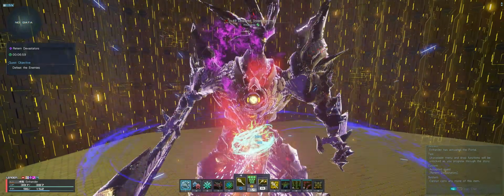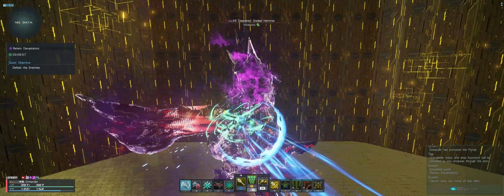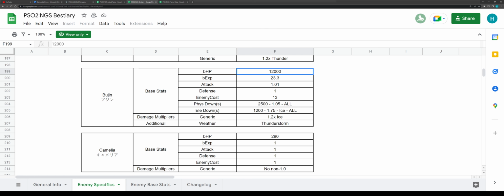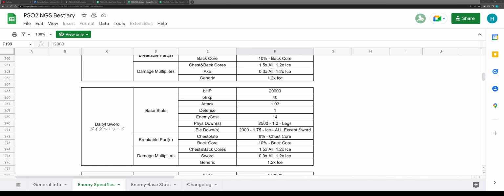Now, you might be asking, why is there such a big scaling difference between physical and element downs? Well, we know one issue is the fact that physical downs in some cases just start higher, but they're also a little bit more restrictive. And what do I mean by that? Well, let's look at Daedal. Specifically, Daedal Sword.